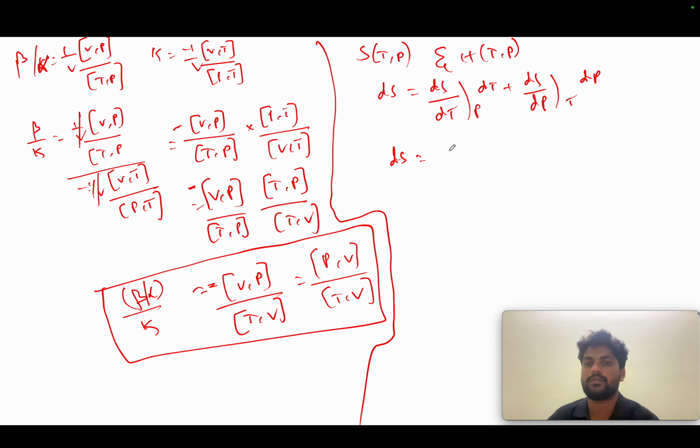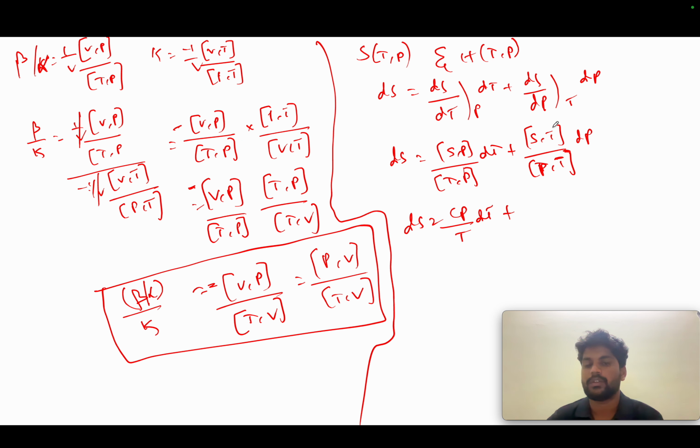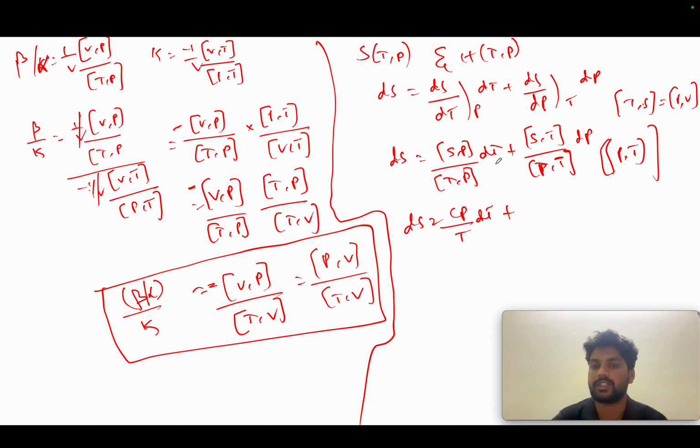So ds equal to (s, p)/(t, p) dt plus (s, t)/(p, t) dp. We know this is nothing but cp by t dt plus, so we know that (t, s) is equal to (p, v). Why we are writing (p, v)? Down it is (p, t), so we need to get one as constant. So from this we can get this as constant, so that's why I am changing it to (v, p), because my (s, t), right?